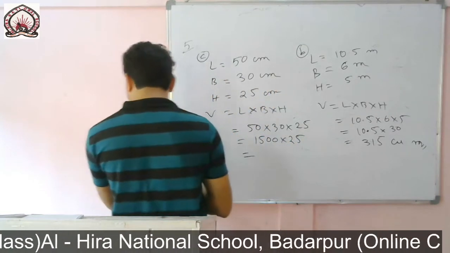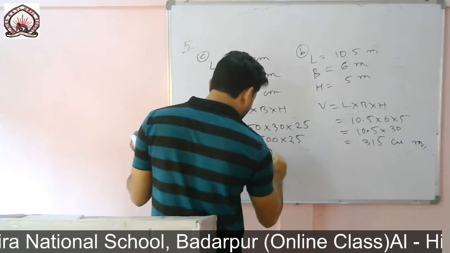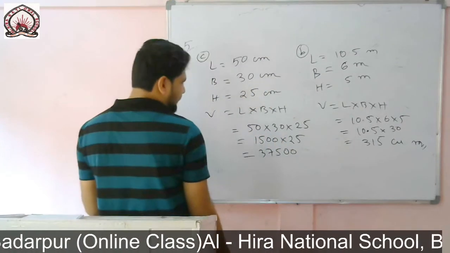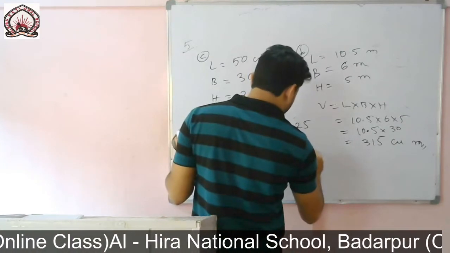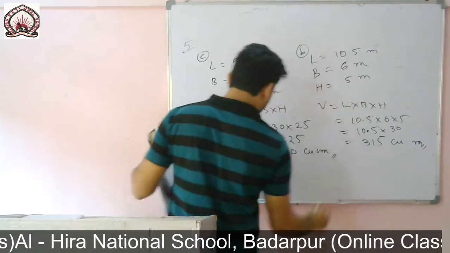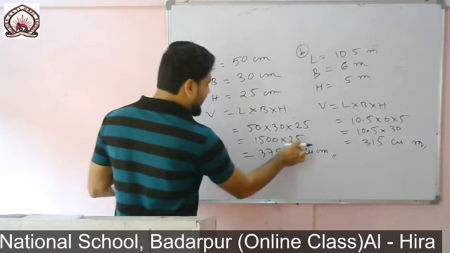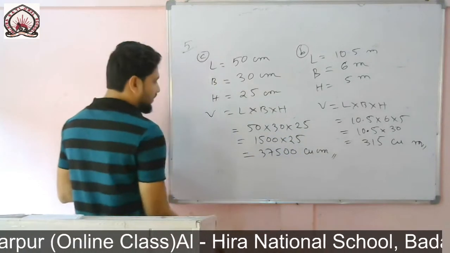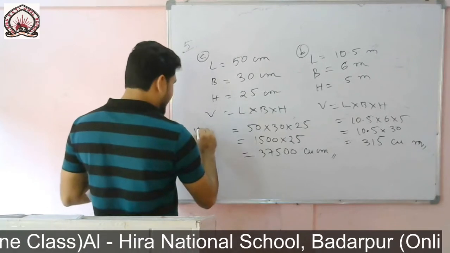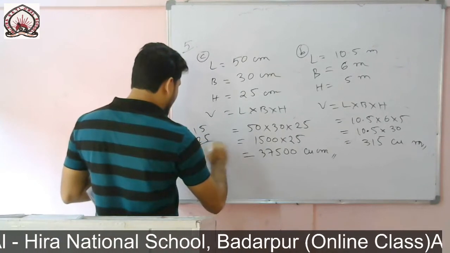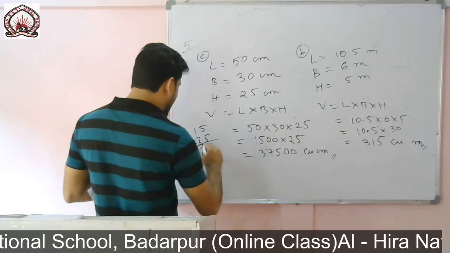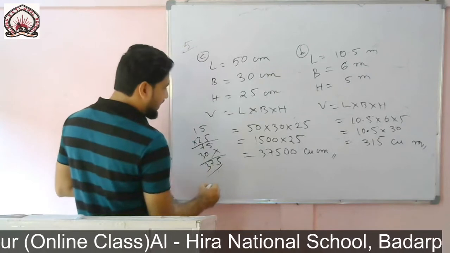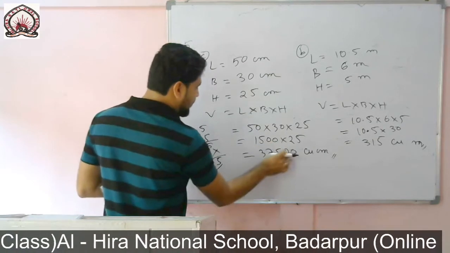If you multiply, then you'll get 37500 cubic centimeter. Okay, you multiply 25 into 15, and in the last part you put 2 zeros. You see 15 into 25, 75 here, 15 into 2 is 30, 375. Okay, and we are getting two zeros, so we'll put 2 zeros.